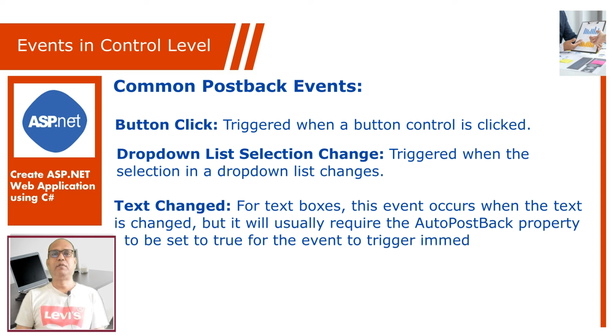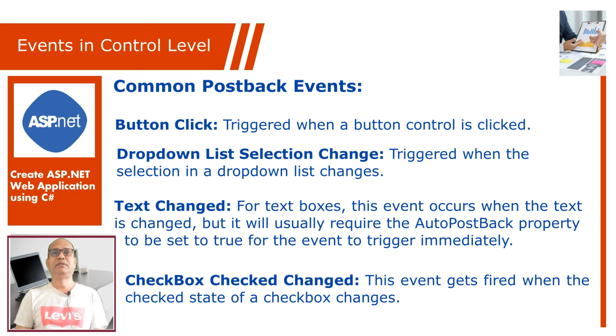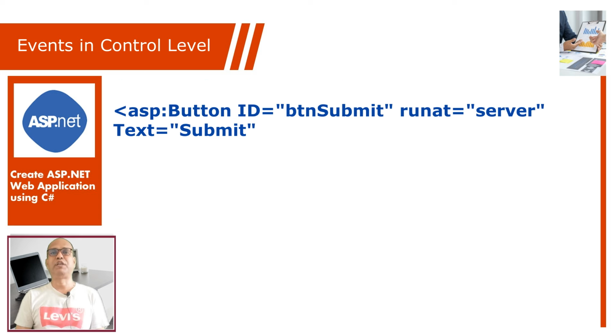Text changed: for text boxes, this event occurs when the text is changed, but it will usually require the AutoPostBack property to be set true for the event to trigger immediately. Checkbox checked changed: this event gets fired when the checked state of a checkbox changes, as per example, checked changed.